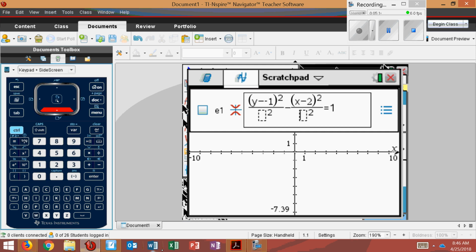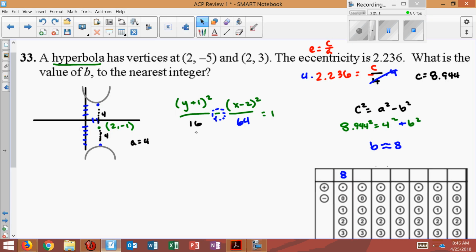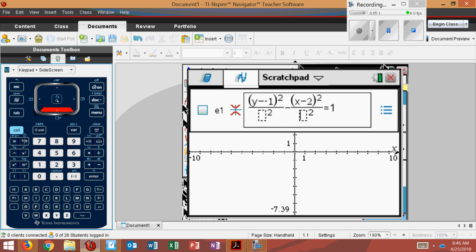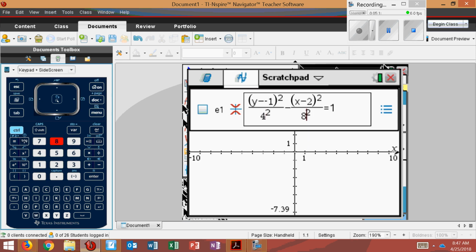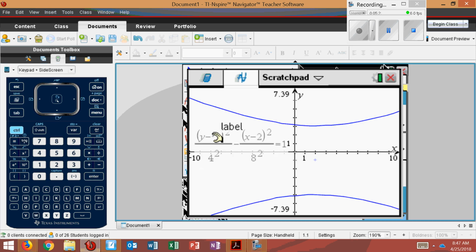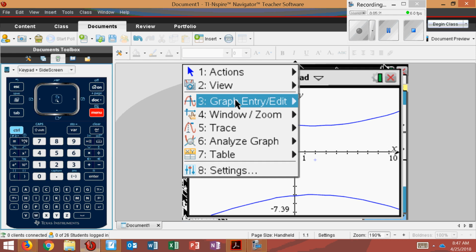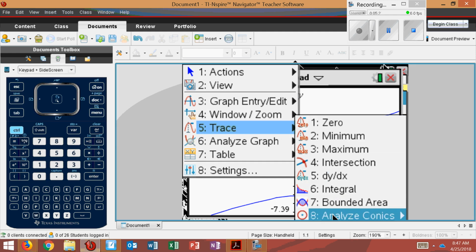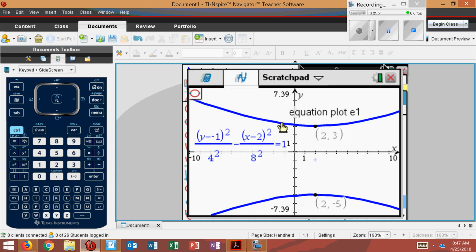Now underneath the y, we had 16, which means it was 4 squared. And over here, we said our b is 8. So let's check this. If I press enter, I get this value. And I want to make sure everything's in the right location. So I go to Analyze Graph, Analyze Conics, and I'm going to first check my vertices.